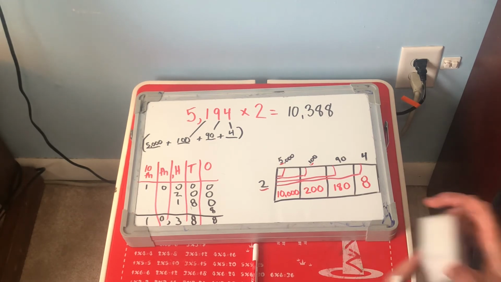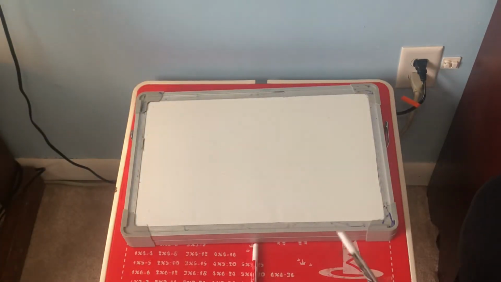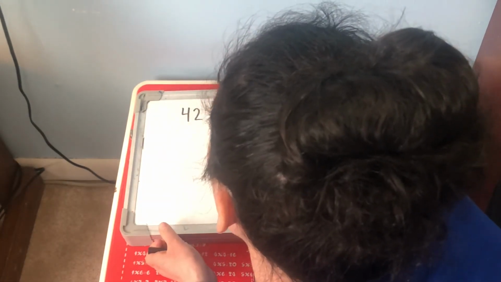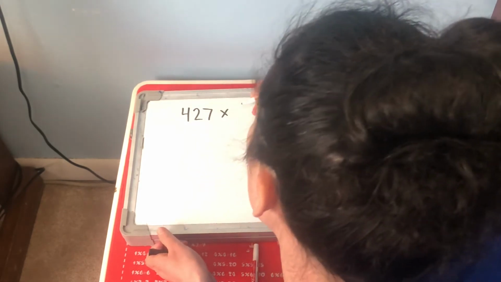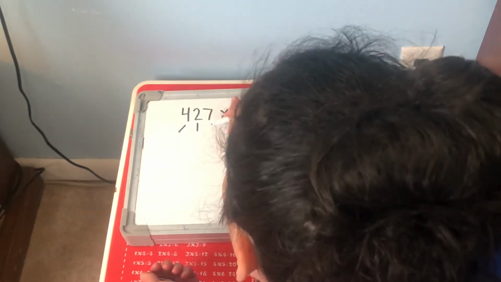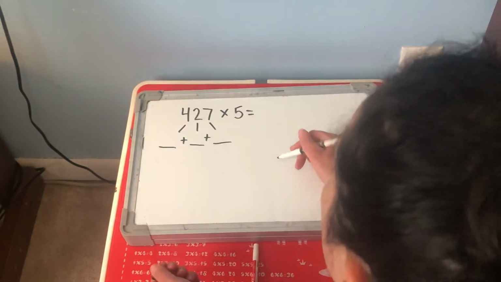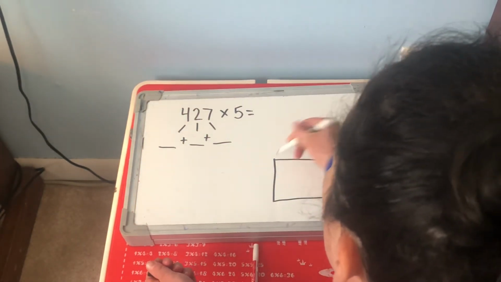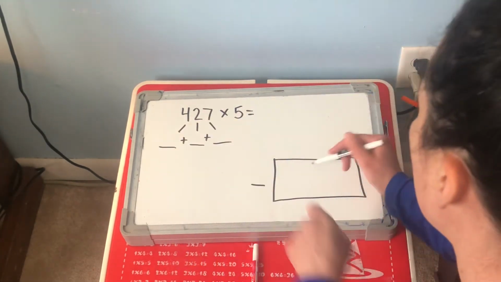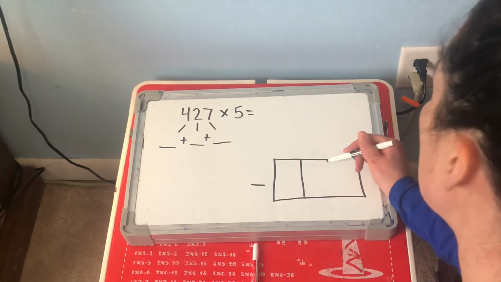The one you are going to do for practice for me is going to be 427 times 5. Step 1, you're going to break up 427 into expanded form. Step 2, we're going to make our boxes. I have 1 digit here and 3 digits here.